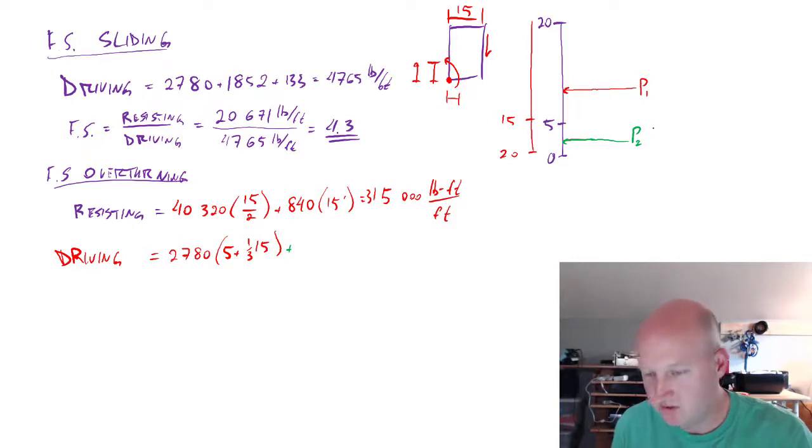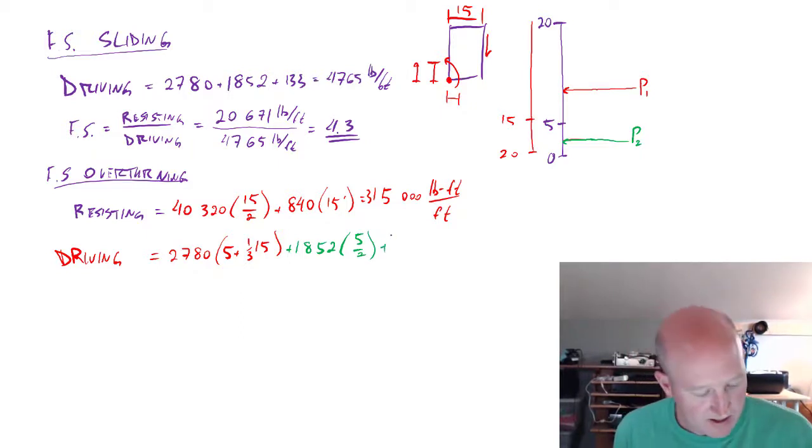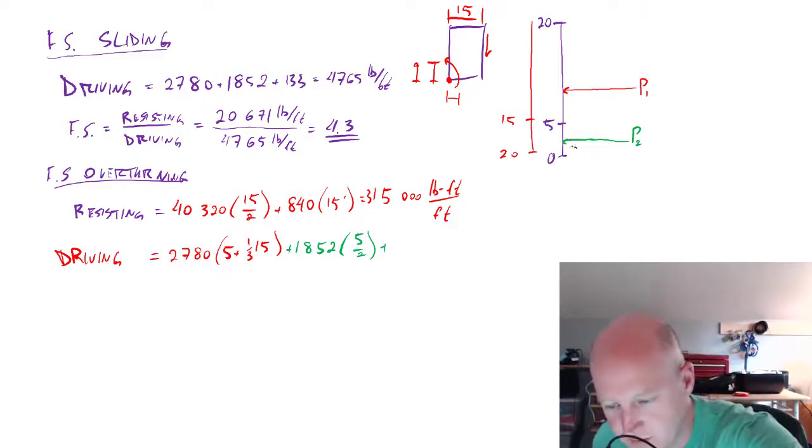And so P2 was the rectangle. And so P2 is 1852. And the rectangle was just from 0 to 5 feet. So that's half of 5 feet for its moment arm. And then the last force that we calculated was due to that last little wedge of a triangle at the end.